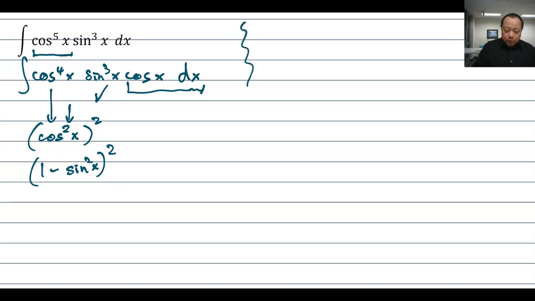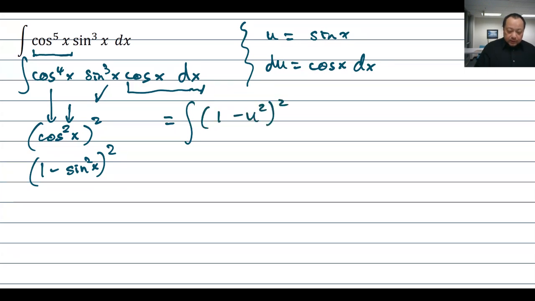So if I do a u substitution with u equal to sine, and du is going to be cosine of x dx, then the integral of cosine to the fourth becomes 1 minus u squared squared. Sine cubed becomes u cubed. Cosine x dx becomes du. It's just algebra now.